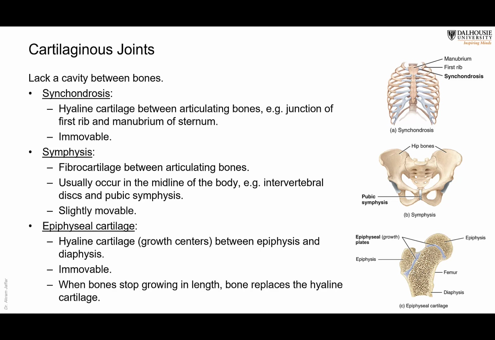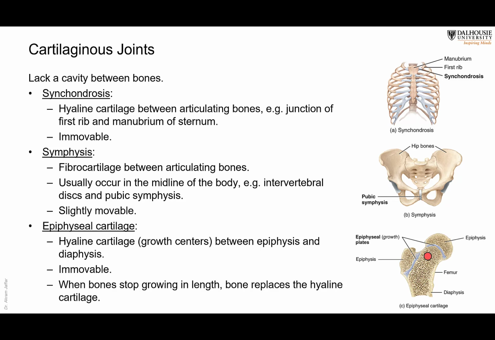Now the cartilaginous joint. So there is cartilage. It's either, for example here, direct articulation between cartilage and bone, and this is called synchondrosis. Or the other type is in the epiphyseal plate. Remember when we dealt with the growth of the bone, especially the growth in the length of the bone, we said that there are epiphyseal plates between the epiphysis and the metaphysis.